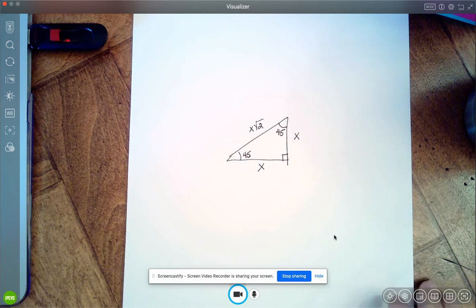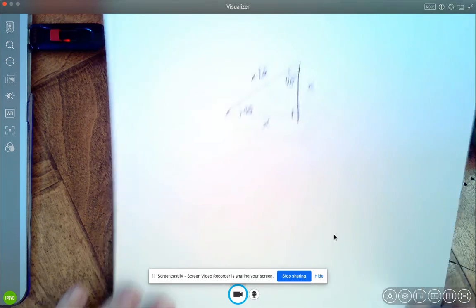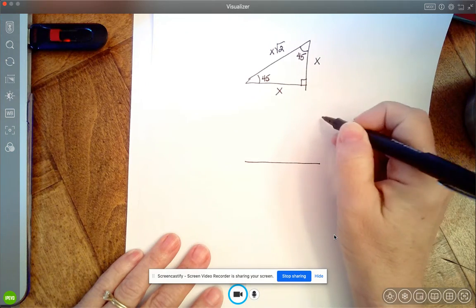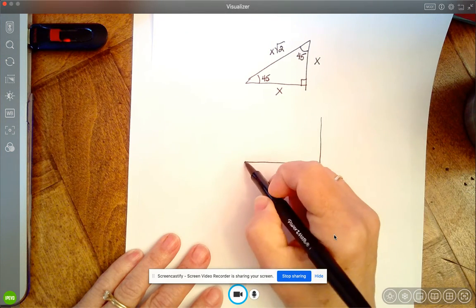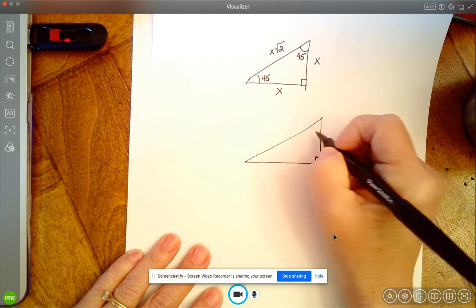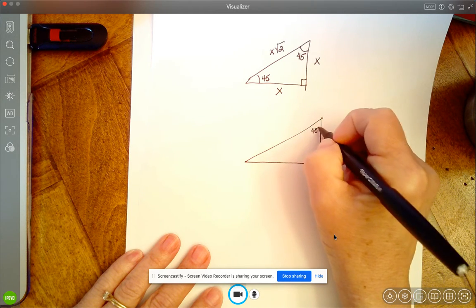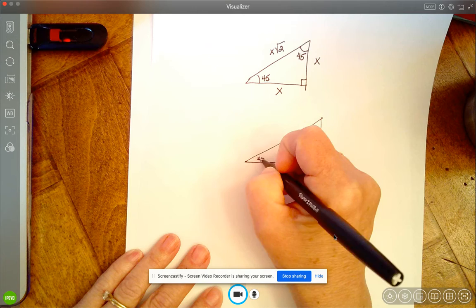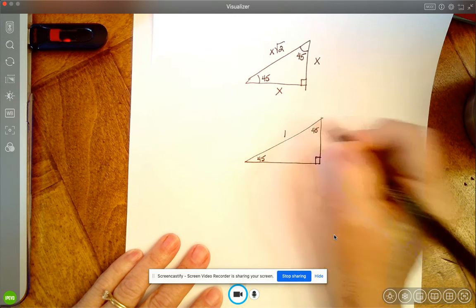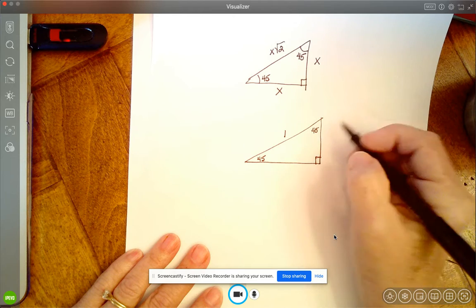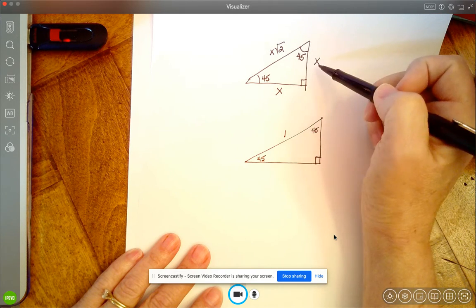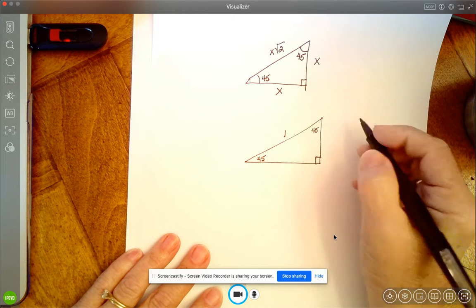Okay, so now let's think of our unit circle. Pretend like that's 45, 45, 90. If I know these are 45 degrees, and I know that this right here is 1, my legs are going to be, to get back from the hypotenuse, I need to divide by the square root of 2.